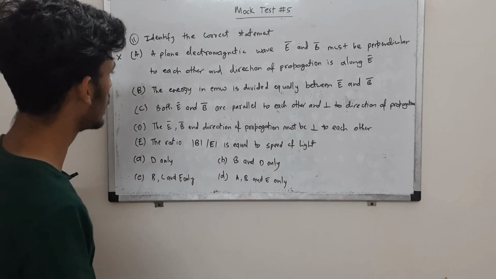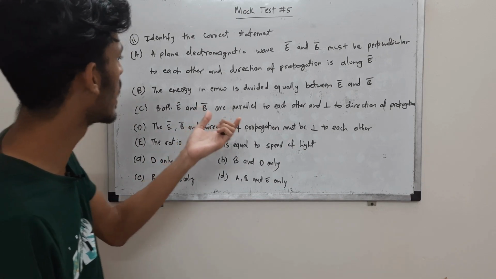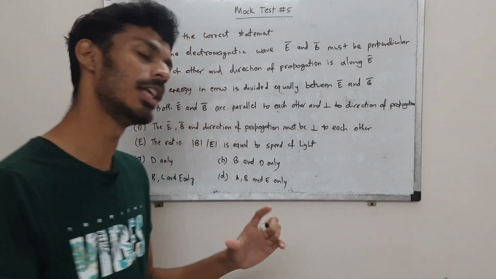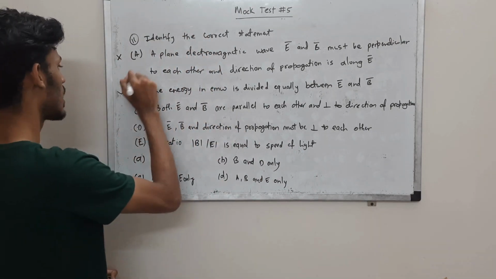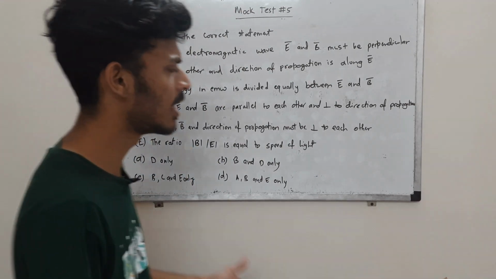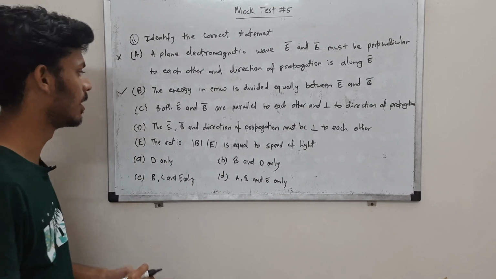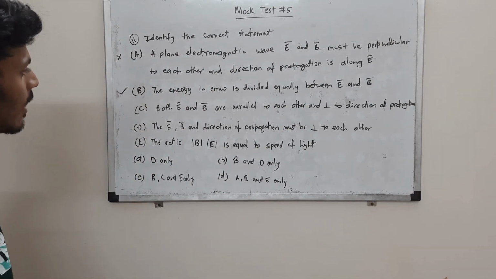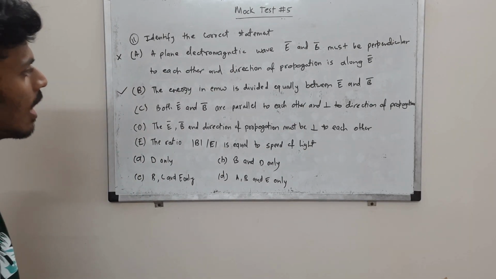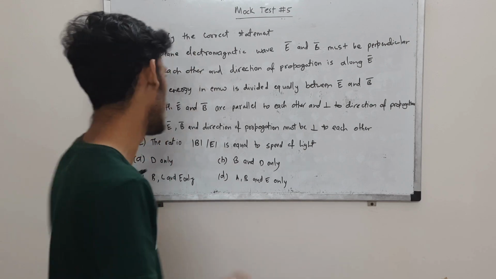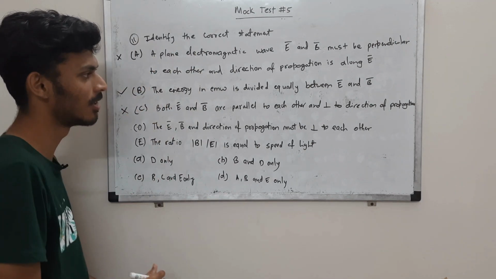The second statement says that the energy in an electromagnetic wave is divided equally between electric field and magnetic field, which is correct. Now this comes under properties of electromagnetic waves, so read your NCERT properly. Next one: both electric field and magnetic field are parallel to each other. No, incorrect. No need to read the further part.